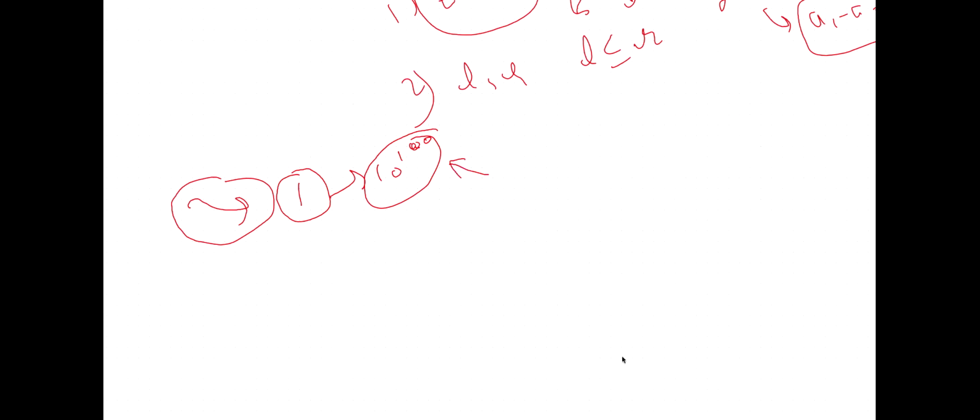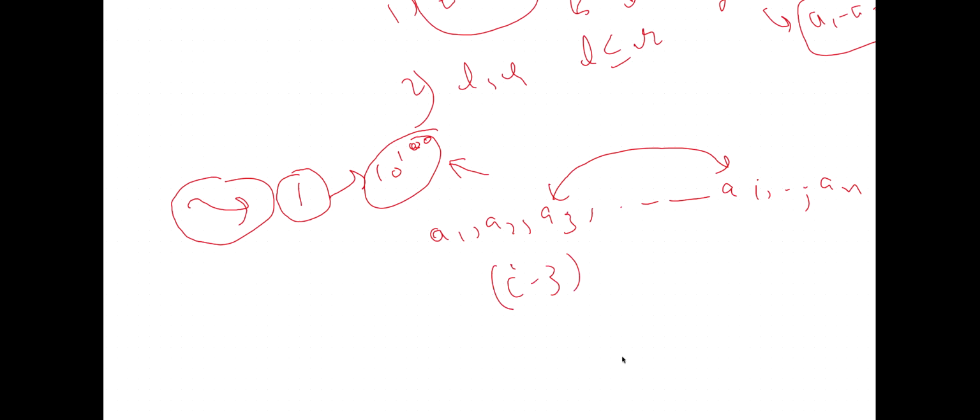Okay. So I thought of one thing, that if you are given an array A1 to AN, okay, and you swap two indexes, let's call them I and J, then you will add I minus J to your cost.